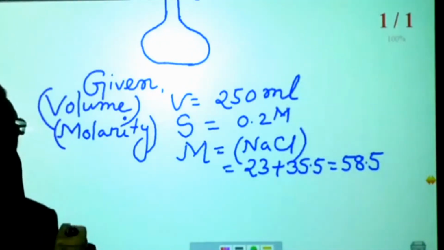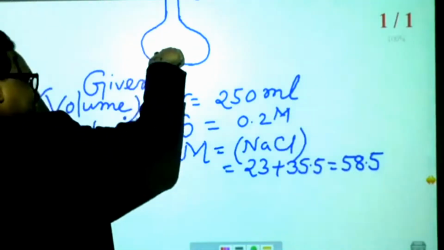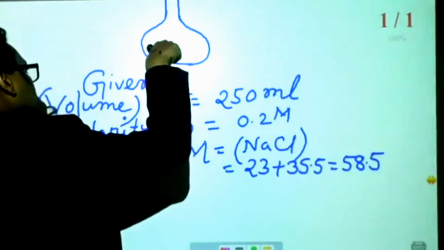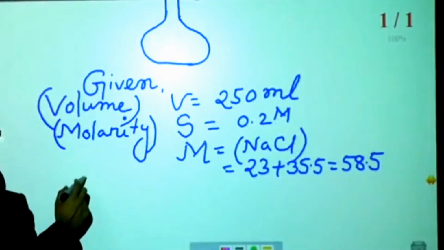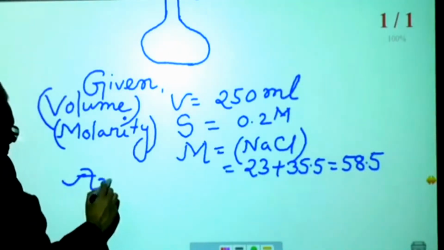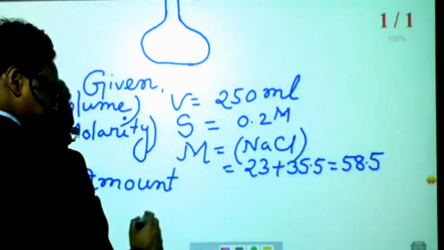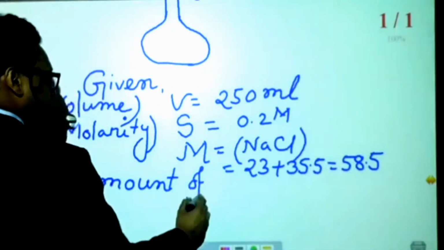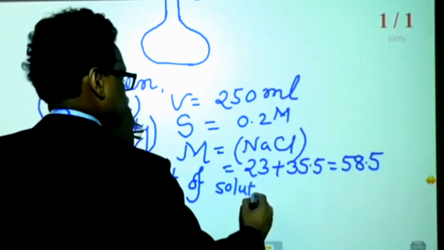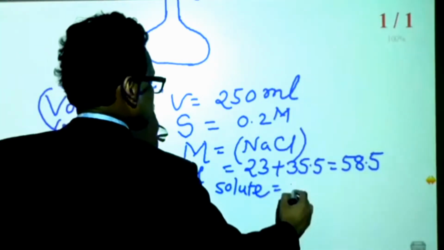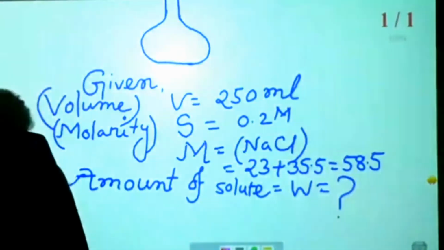And now, what amount of solute do we have to take in this container? The amount of solute will be W equal what?